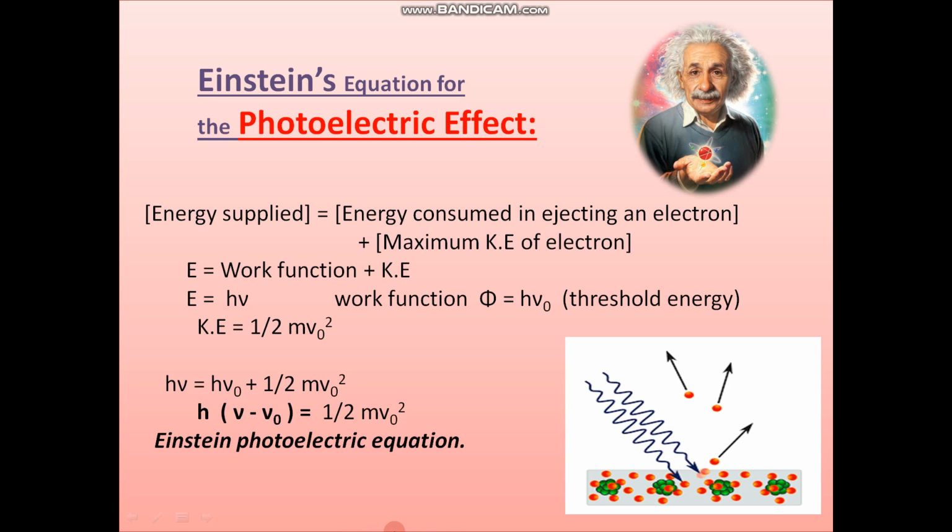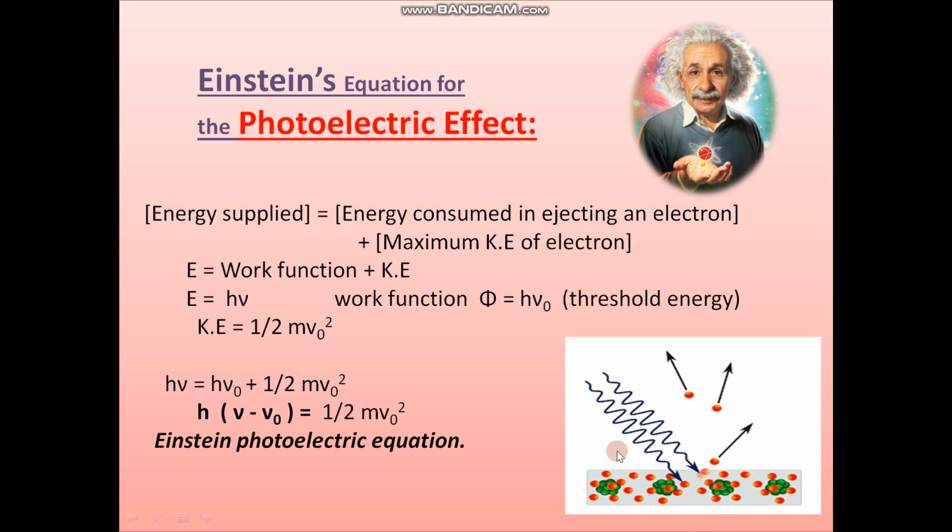When a photon of light with a frequency strikes an electron, that electron breaks away from the metal surface. This bundle of energy is absorbed by the electron, and those electrons are ejected from the metal surface.